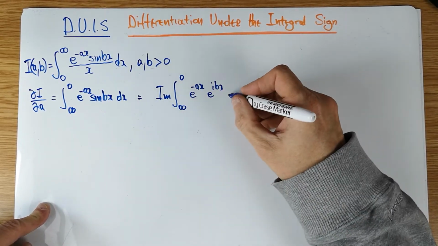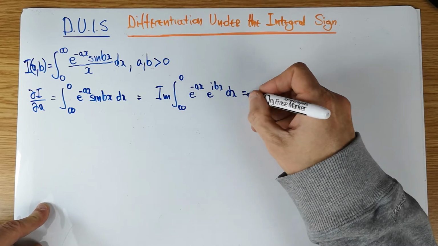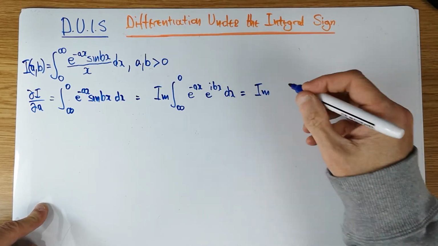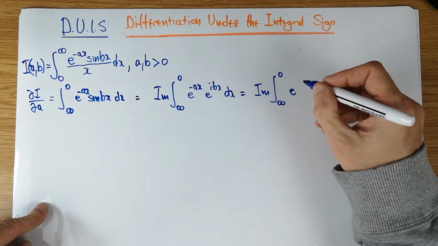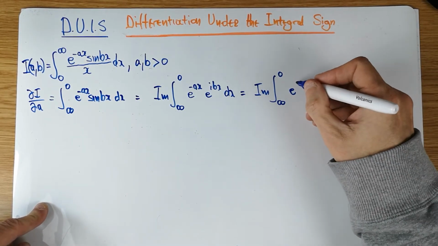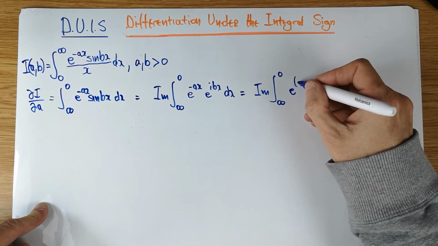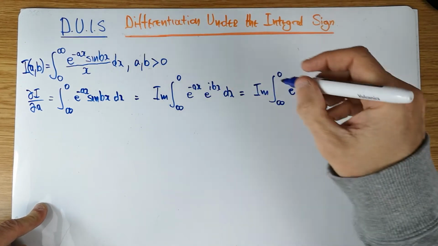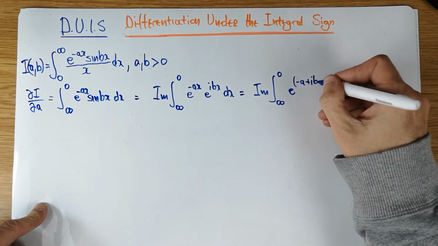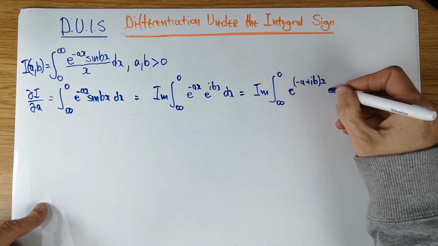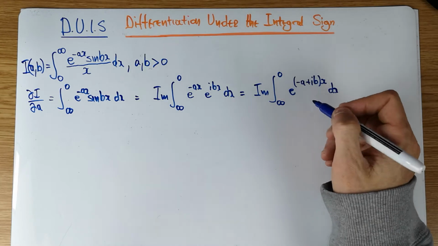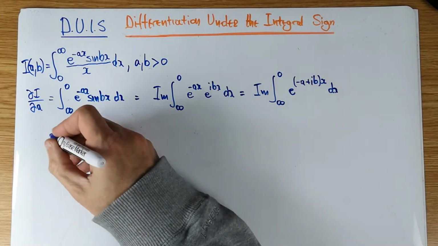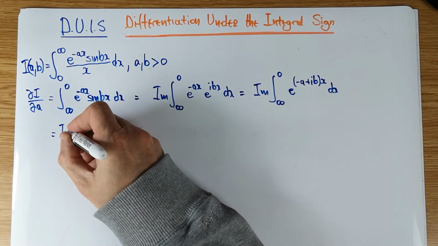This one doesn't get affected, so we're going to combine exponentials now. The imaginary part from infinity to 0 of e to the minus a plus i b, lots of x dx, which of course is now a constant, so we can just integrate that, still equal to the imaginary part.